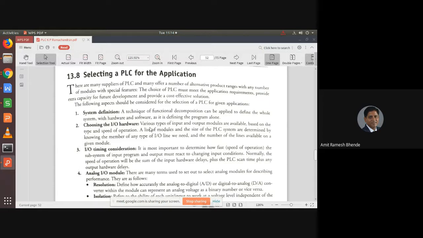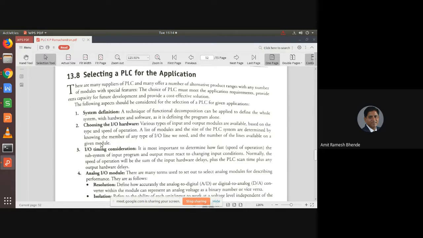Which type of operation you are undertaking, what kind of speed you require, what is the response time of the application. All these things are important in selecting the IO hardware. The list of modules and the size of the PLC system are determined by knowing the number of IO lines we need, and the number of lines available on the given module.